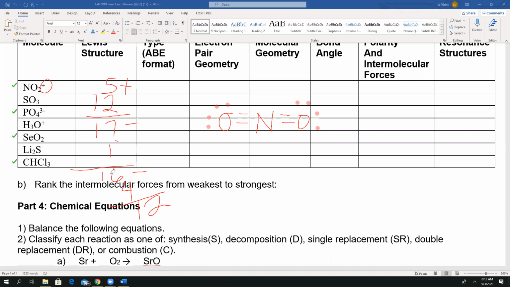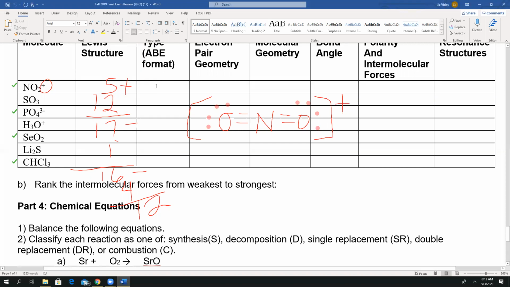The last thing to do is to do your brackets, and that is your Lewis structure right there. Okay.